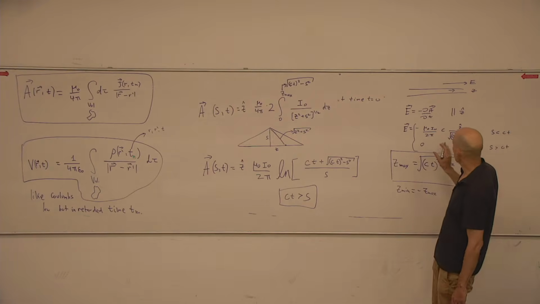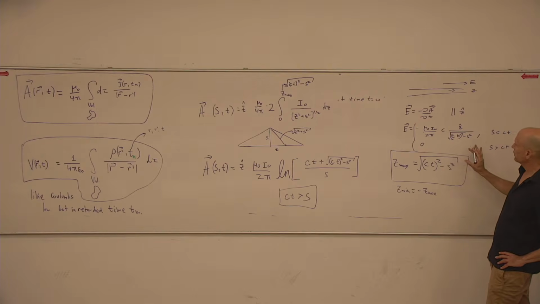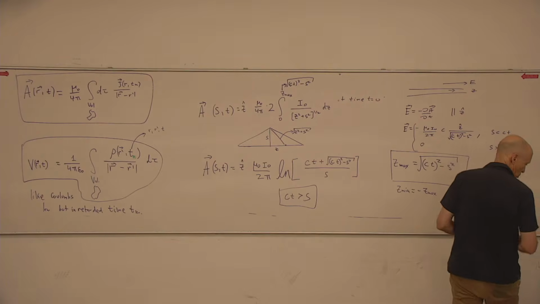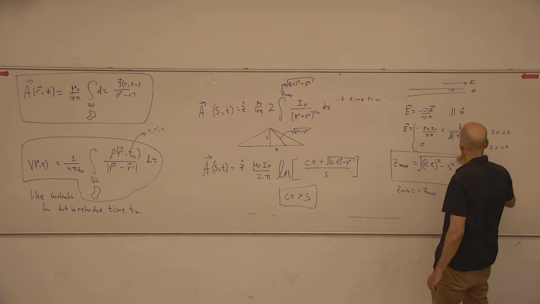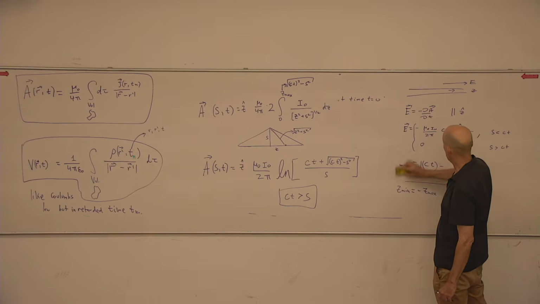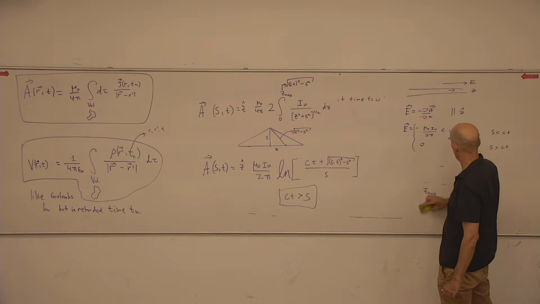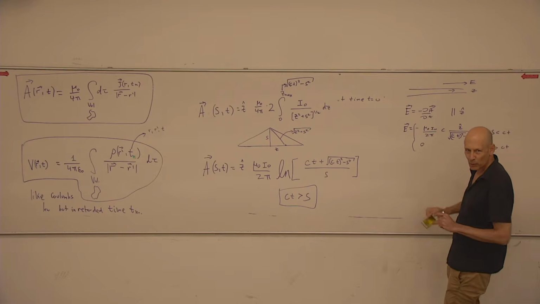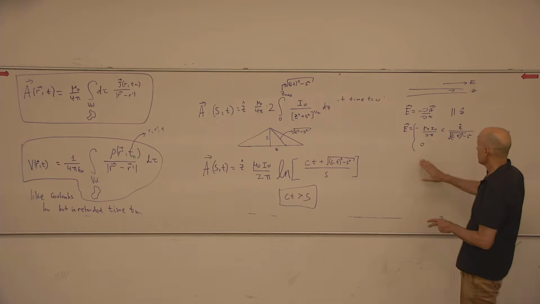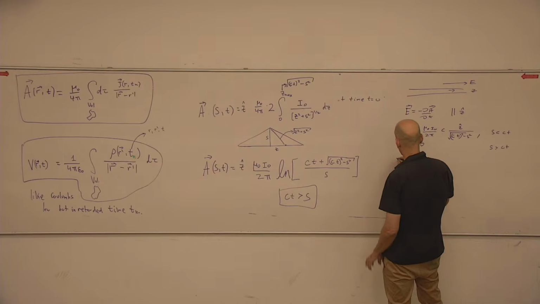Now, this solution has some peculiar, interesting things. What do you see from this solution? It decays in time, because there's both time and space. So, decays in what? Yes, you're correct. Long time.